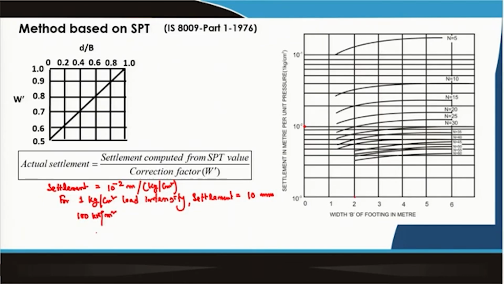So, I can write that for 100 kilonewton per meter square load intensity, settlement is 10 millimeter, because 1 kg per centimeter square is equal to 100 kilonewton per meter square. But this 10 millimeter is not the settlement considering water table effect. So, that water table effect we have to consider.